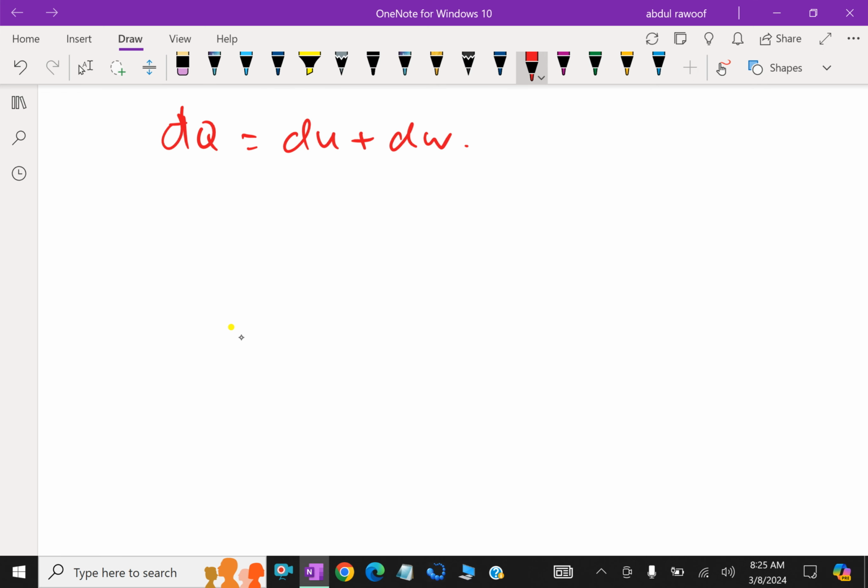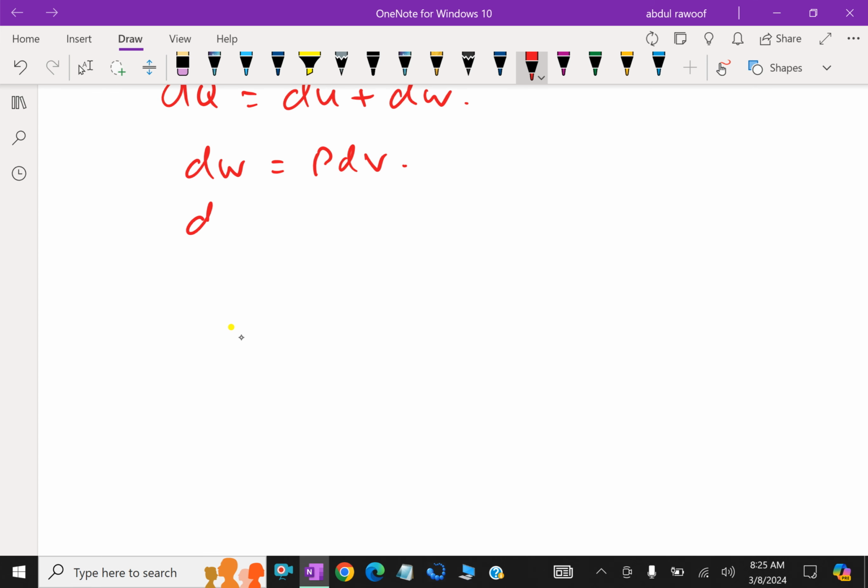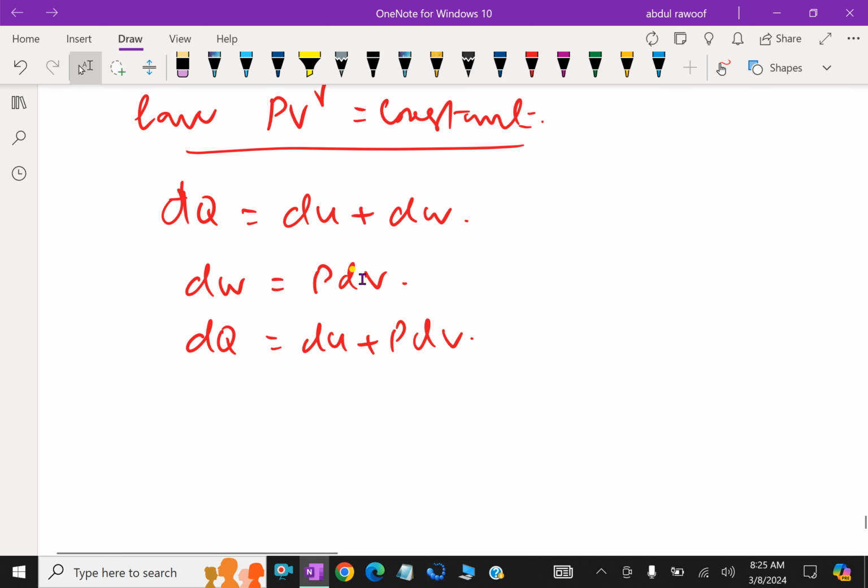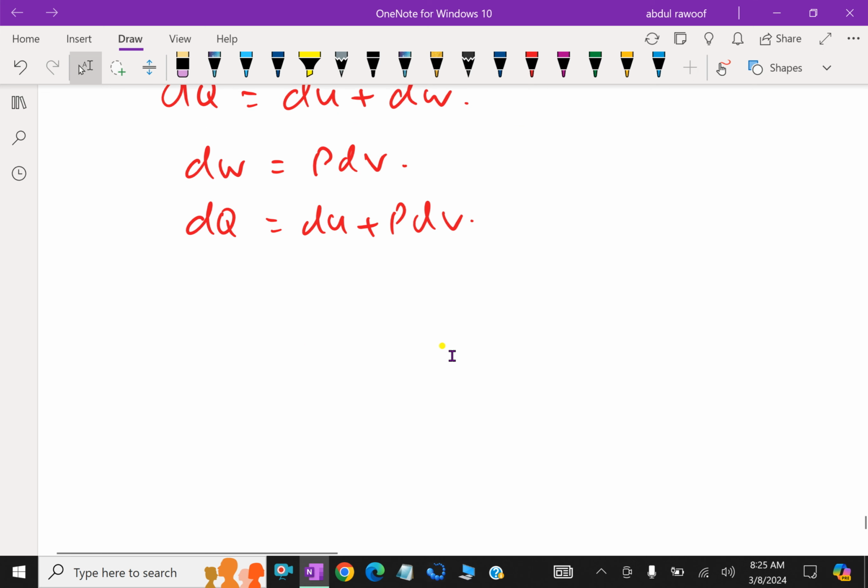For a reversible process, dw equals p dV, and therefore dq equals du plus p dV, because we are substituting dw equal to p dV here. Then for an adiabatic process, q equals 0, therefore du plus p dV equals 0.